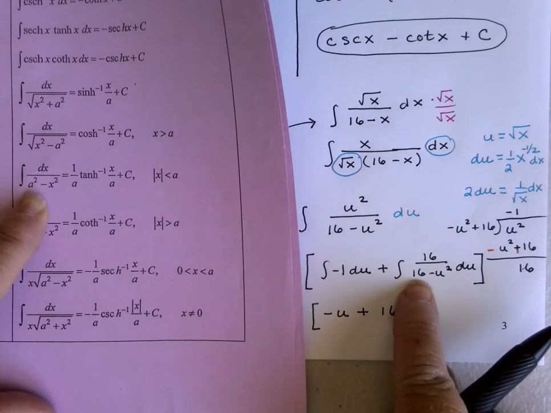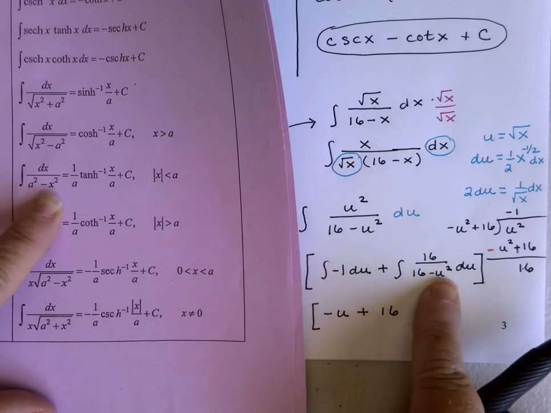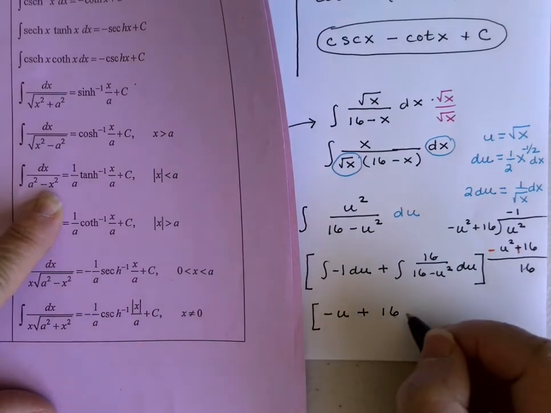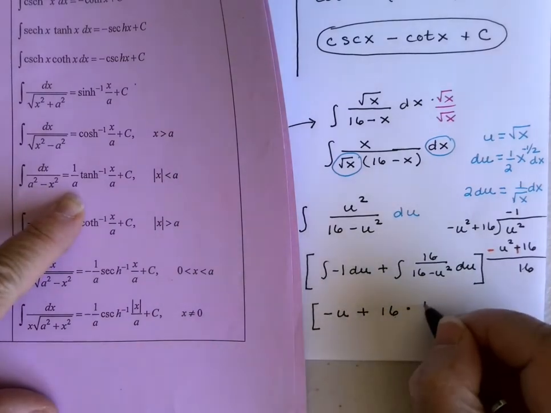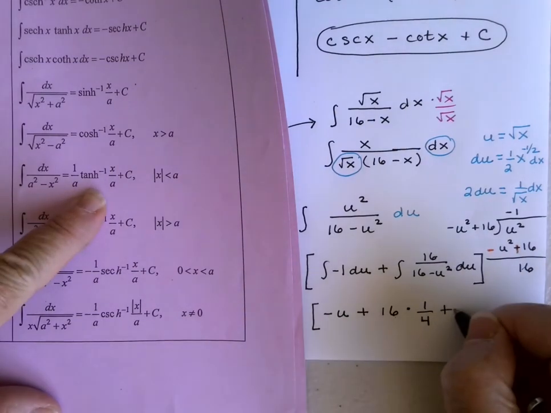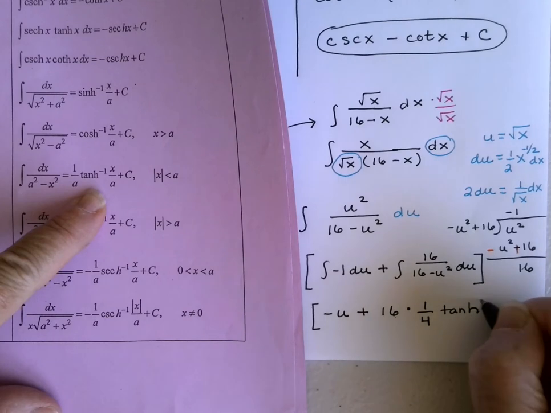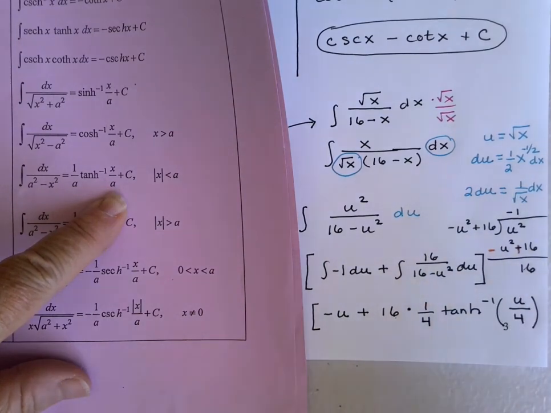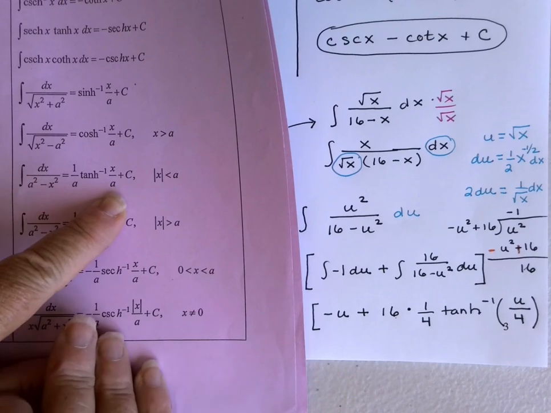My a would be 4, and instead of x I have a u. I've already pulled the 16 from the top down in front, so I would have 1 over a, which would be 1/4 times the inverse hyperbolic tangent, and our x is really u over our a, which is 4. Again, I won't worry about the plus c till I put everything back in at the end.